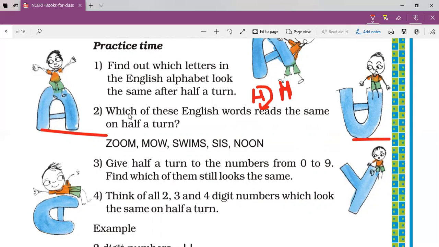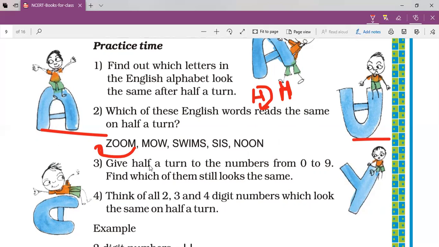Next, which of these English words read the same on a half turn? Here you have to rotate the whole word. This is ZOOM. When you rotate ZOOM, will it read the same as it reads now?